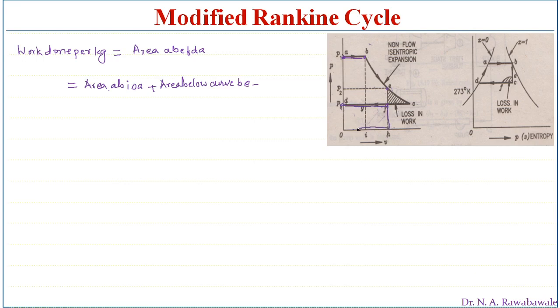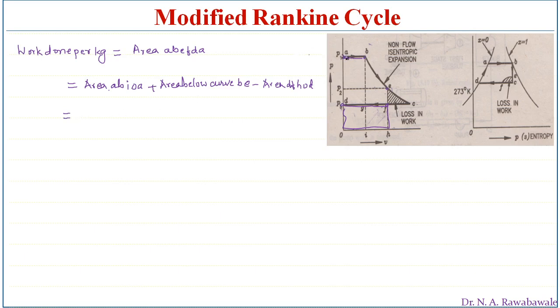This area is subtracted. We can call this area DFHOD. This area is subtracted. This is equal to area ABIO.